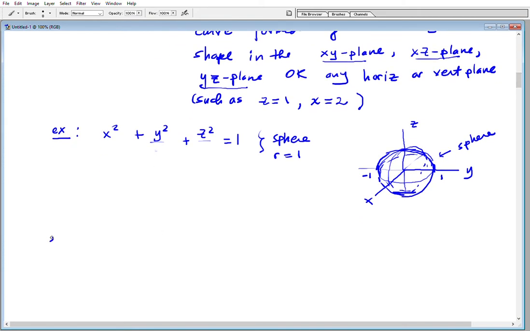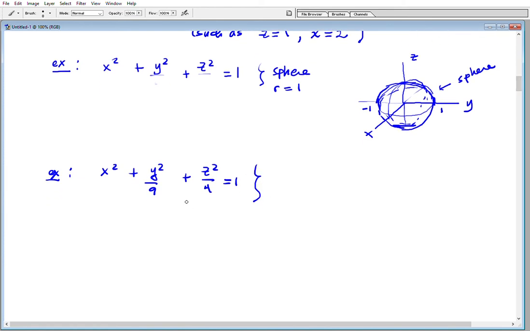All right, let's now change the coefficients a little bit. So we have x squared plus y squared over 9 plus z squared over 4. Anyone want to guess what shape this is? How does this affect the shape? Putting different values under y squared and z squared.